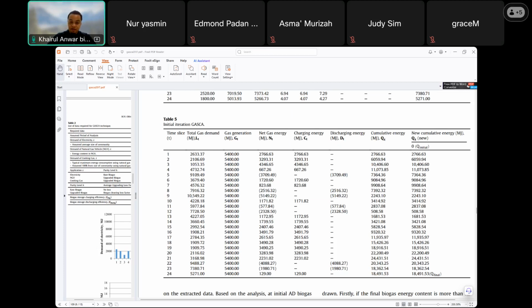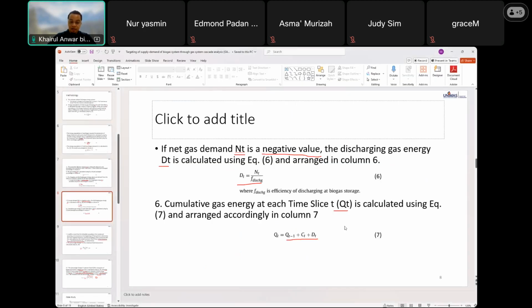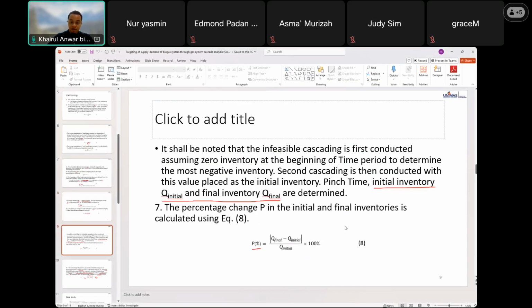Number 7. Done with column 7, which is the cumulative energy. It shall be noted the percentage change P of the initial and final inventory is given by equation 8.